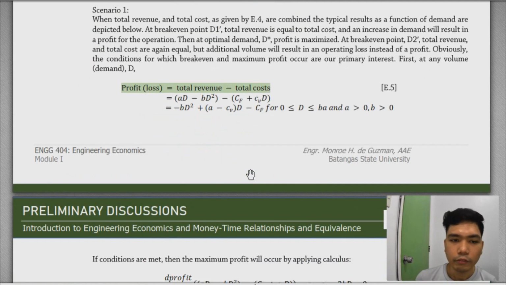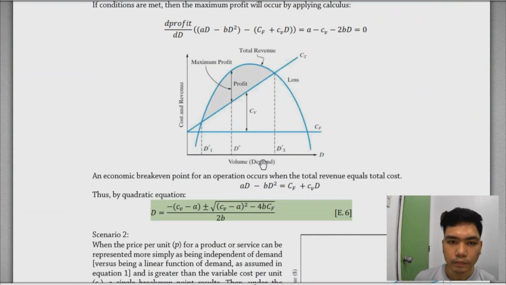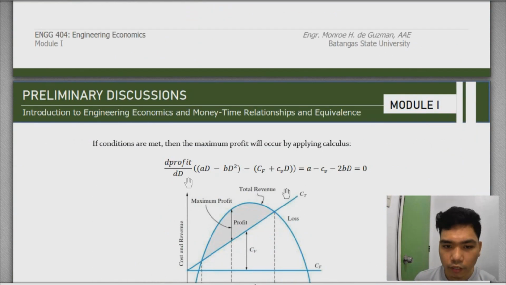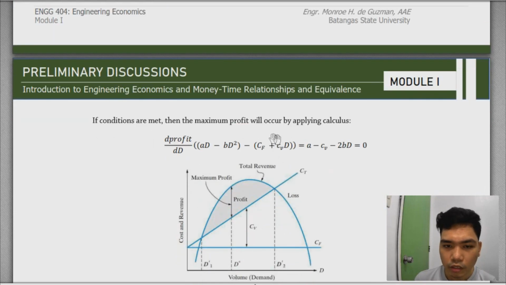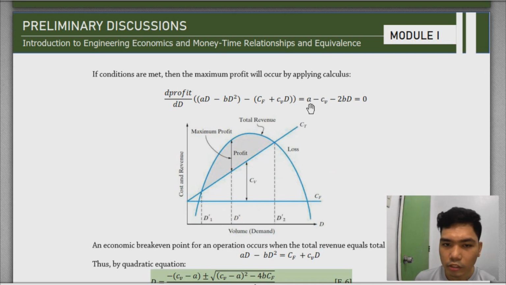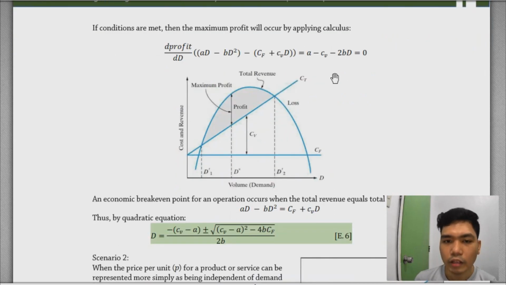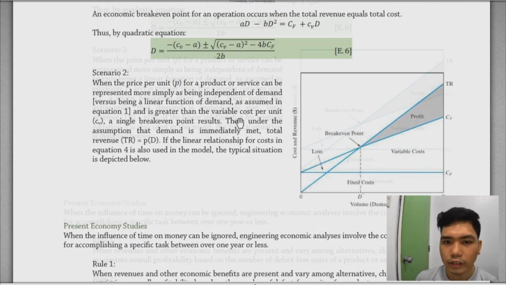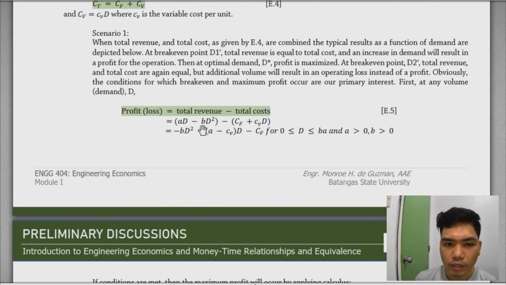Okay. Now, for the scenario 2, the profit can be solved using this equation, but I'll just be skipping this for now, and I'll be digging deeper into this when I try to solve problems regarding this topic. Now for scenario 2, as you can see from this equation, we have this AD minus BD squared, which is actually the representation of your price demand.